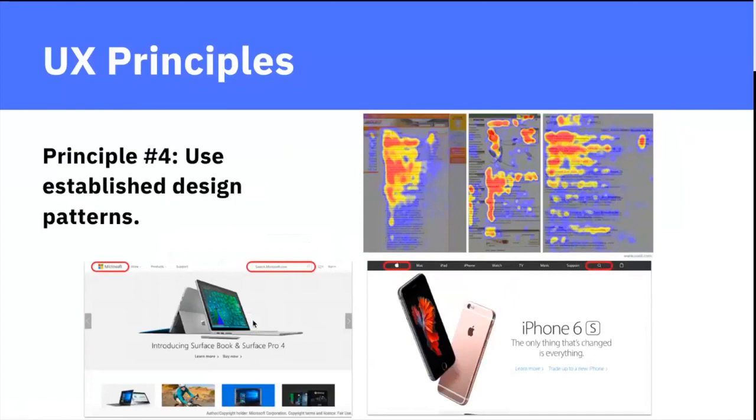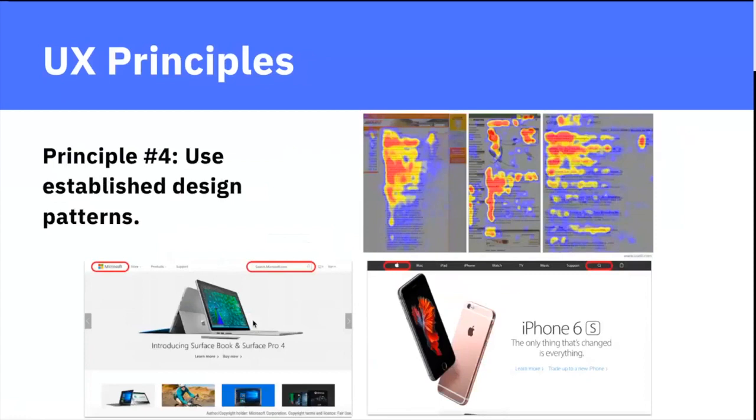Okay, so the fourth most important UX principle is using established design patterns. Of course, there is no need to reinvent the wheel if the wheel is doing a great job. For example, if you are ever unsure about what an icon should do, you can use the design patterns that have been set for many generations now.